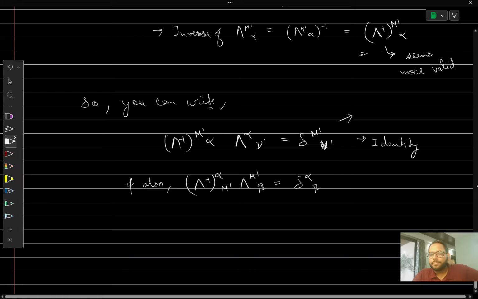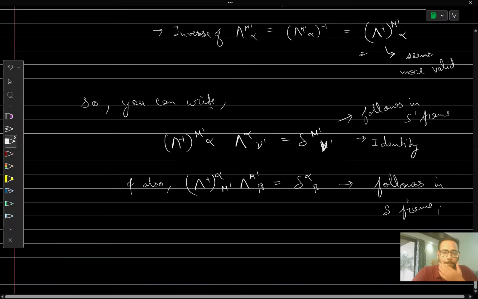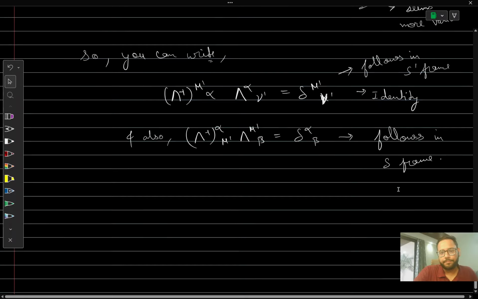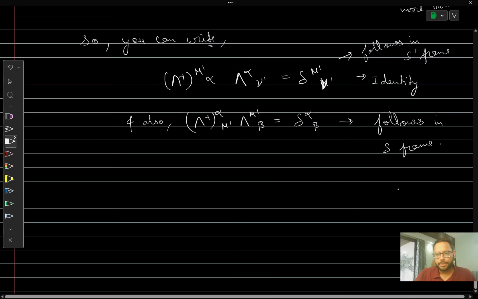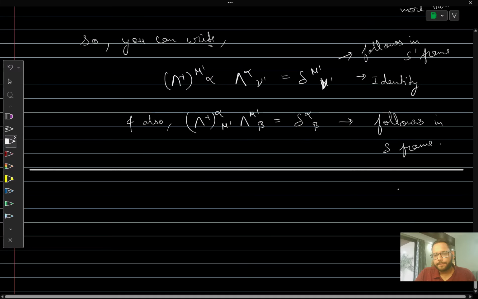This orthogonality condition follows in the S prime frame, the moving frame, and this follows in the stationary S frame. So both these conditions do follow in both the frames. Of course it should have an inverse, and this condition will be followed in both the frames. Okay, so this is the thing. Let's move forward to check something else.